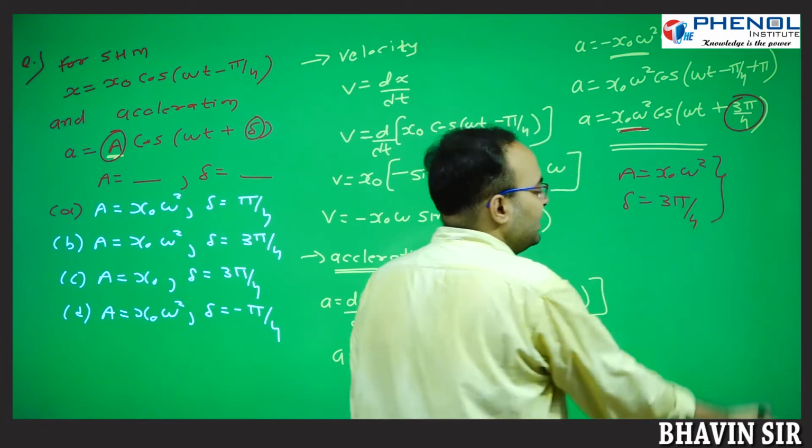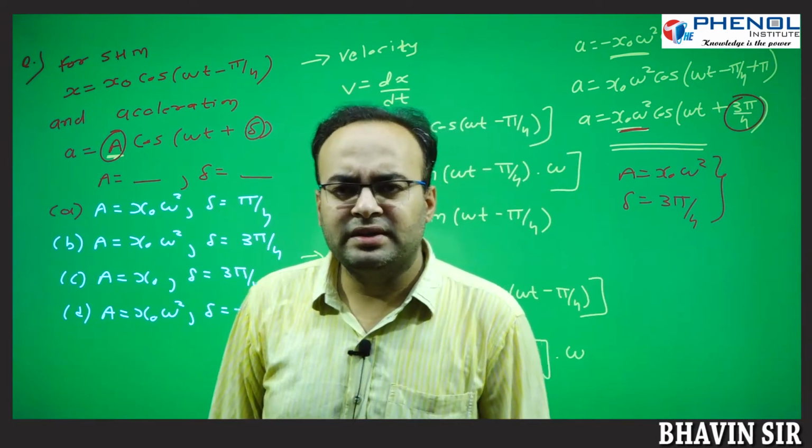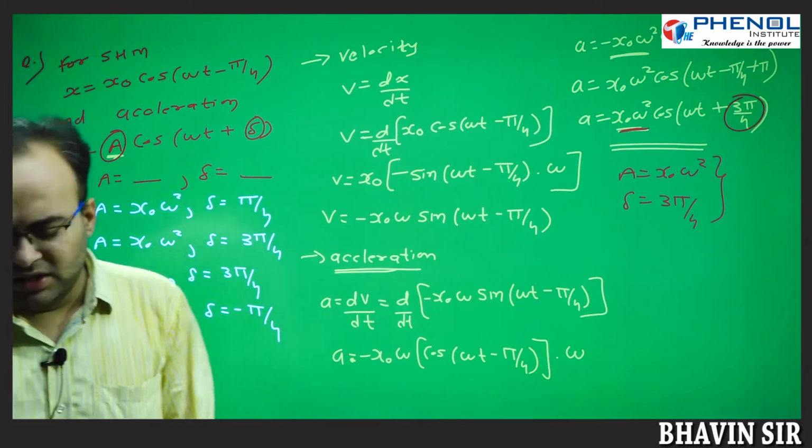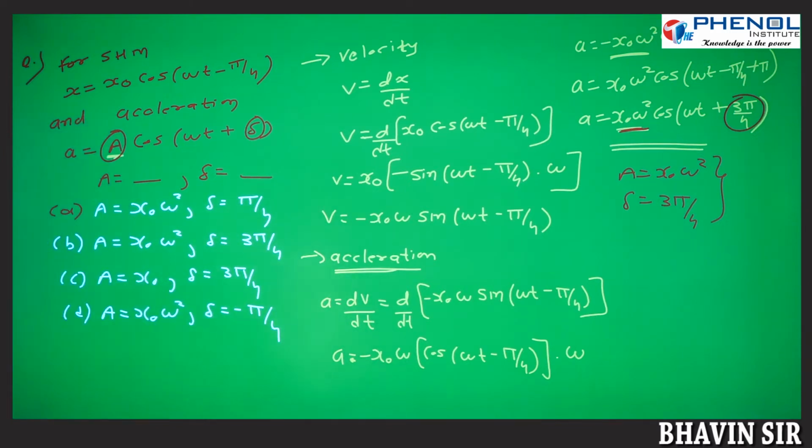So what is the answer? X naught omega square is the amplitude, and delta is 3 pi by 4. Chalo, so now see the next question.